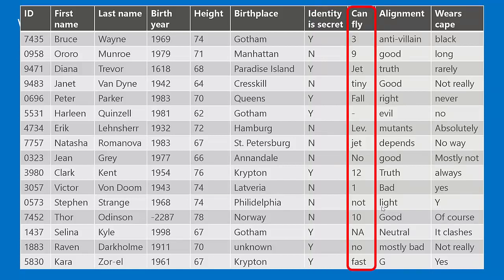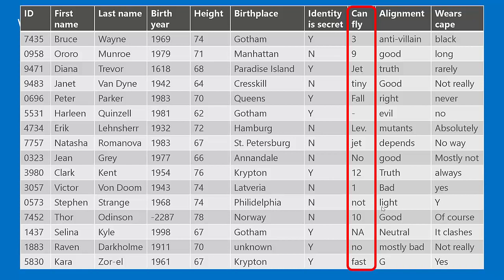Next column, can fly. Again, it appears that this column is an indicator of whether an individual can fly. But it looks like whoever entered this was using different standards. Some are numerical. We have a 3 and a 9 and a 12 and a 1.